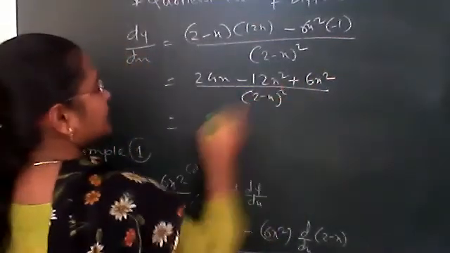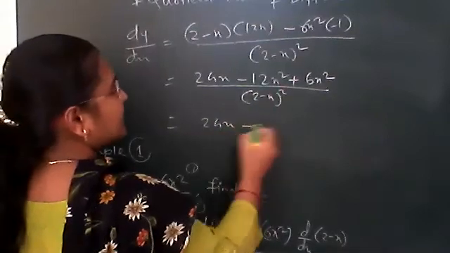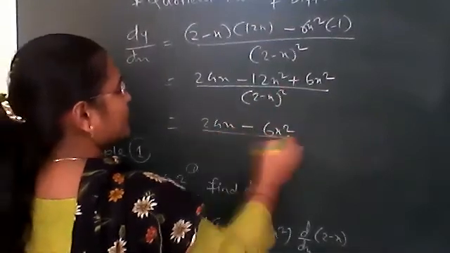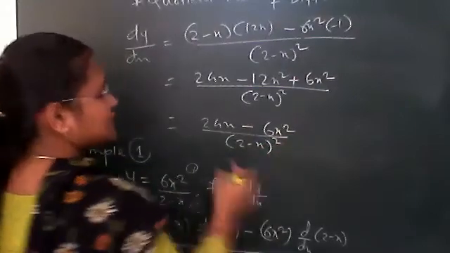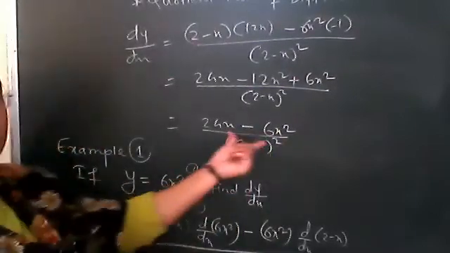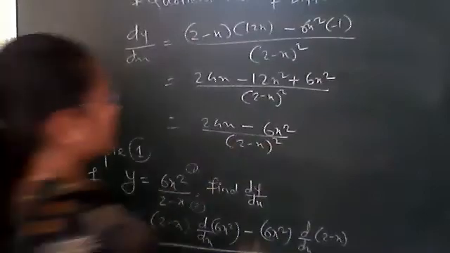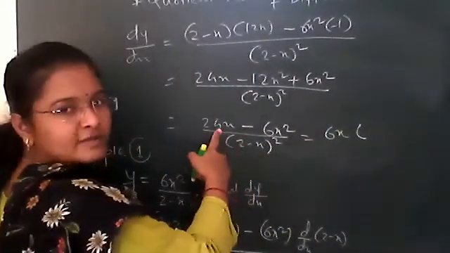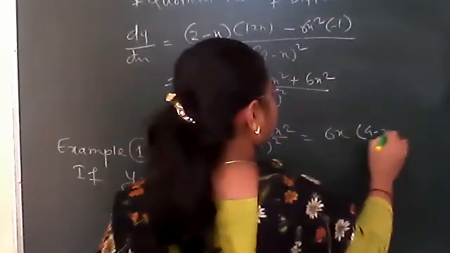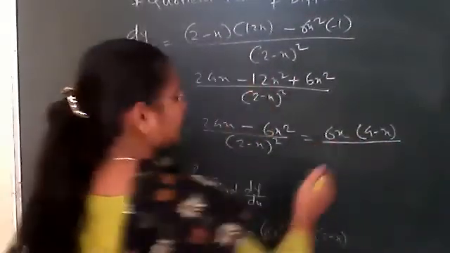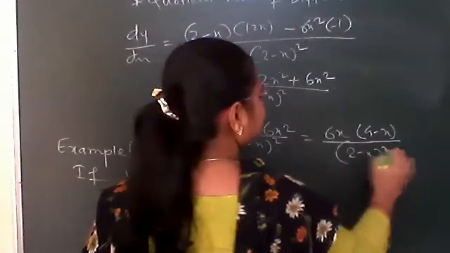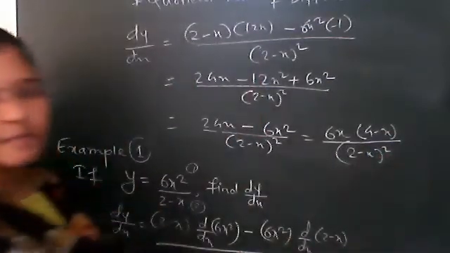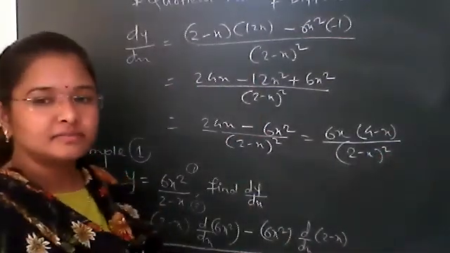So here 24x minus 6x square, whole thing divided by 2 minus x square. Now from here we can take out 6x common. So 6x in bracket, 6 fours are 24, so 4 minus x is there, whole thing divided by 2 minus x square. Any doubt in this?